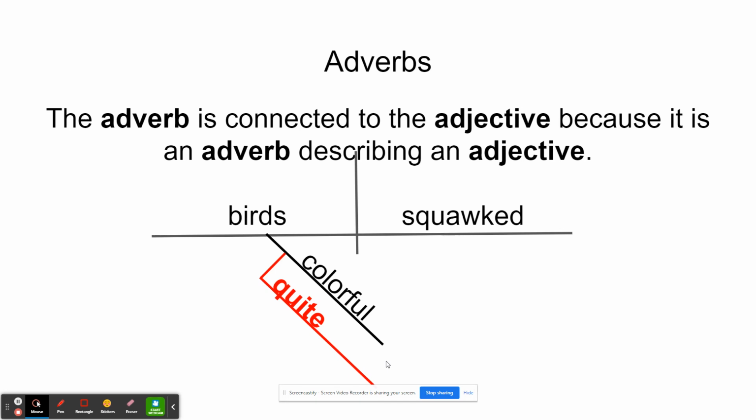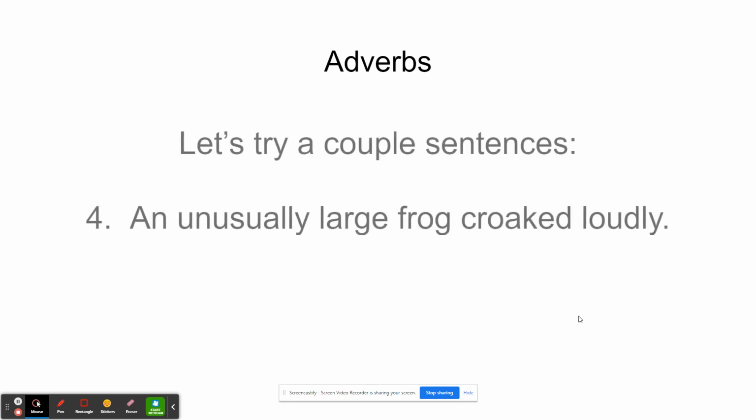Quite colorful. Quite is an adverb describing the adjective colorful. Remember, how is an adverb question. How colorful? Quite colorful. And did you remember the? Remember, a and the are noun markers, articles. They're always going to go under the noun that's coming up in the sentence. How'd you do? Excellent. Scholars, we're going to try one final sentence.